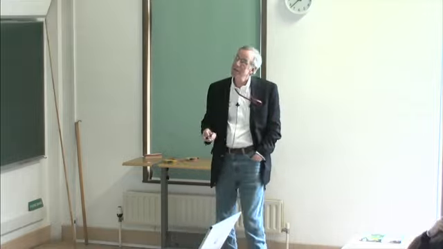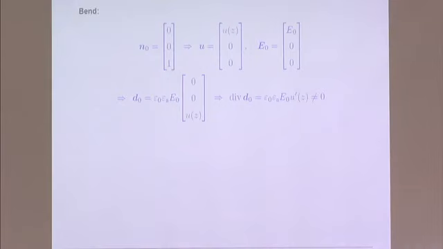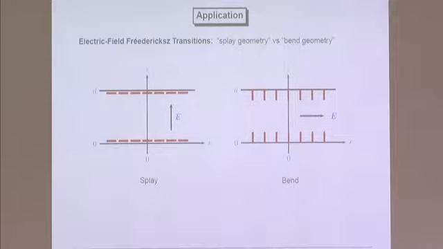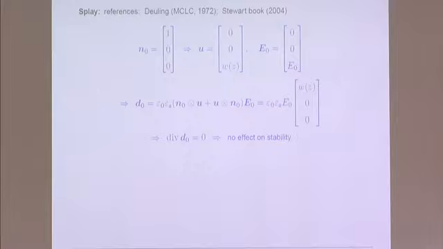The bend problem is a different story. Sorry, just dancing back here for the picture. In the bend problem, my ground state director field is in the vertical, so that's the z direction. And my electric field is in the horizontal, in the x direction. So my perturbations that preserve the unit length constraint to first order will have to be in the x direction as well.